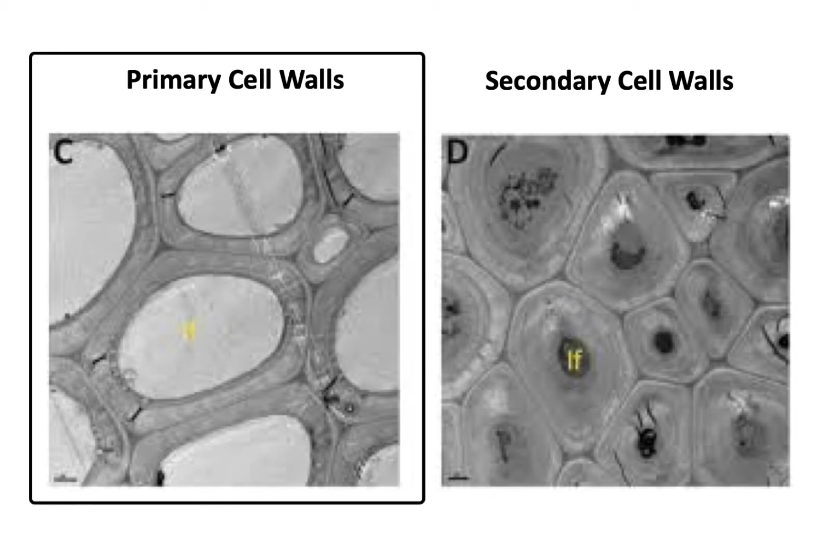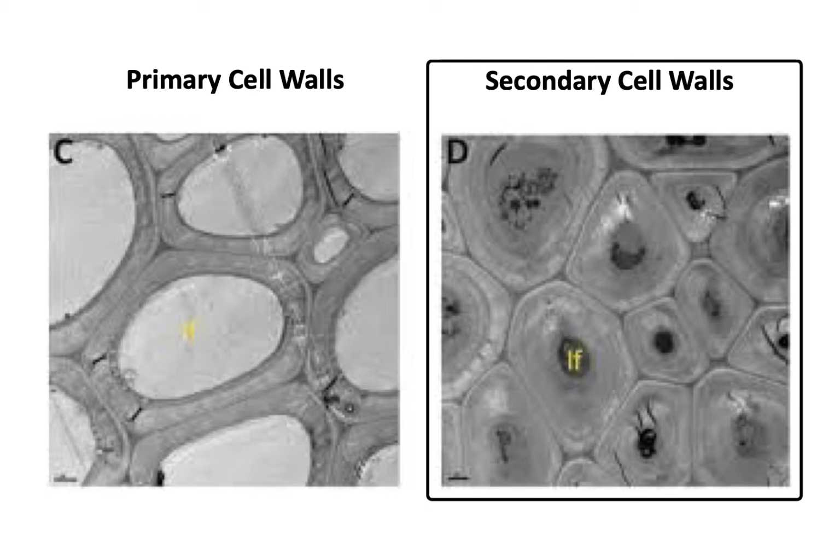But if you look in wood, these would be wood cells, you have secondary cell walls. So on the outside is the primary cell wall, and then you start building more cell wall next to that cell wall. So the cytosol keeps getting smaller and smaller and smaller as these secondary cell walls are formed to produce the wood.